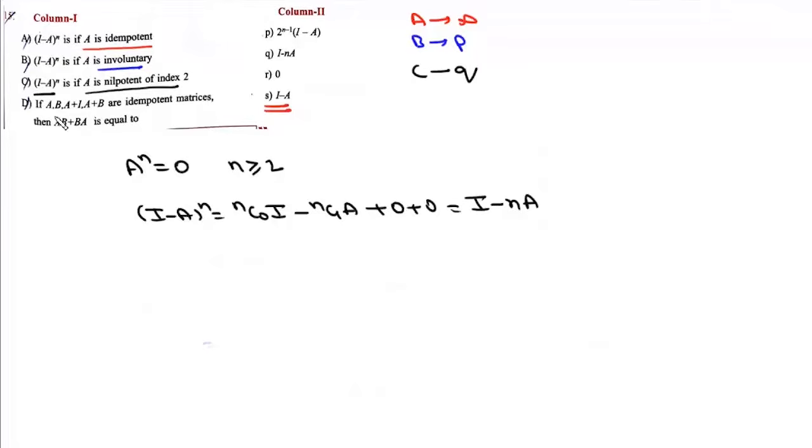And finally it says if AB, A plus I and A plus B are idempotent matrices, then AB plus BA is equal to what?